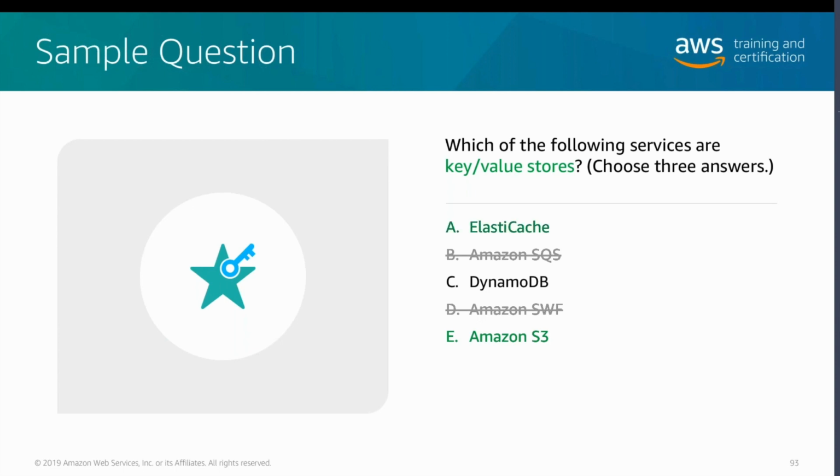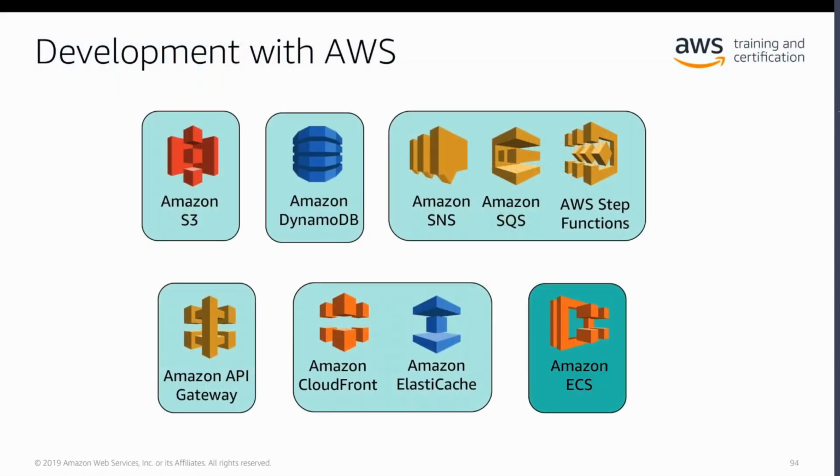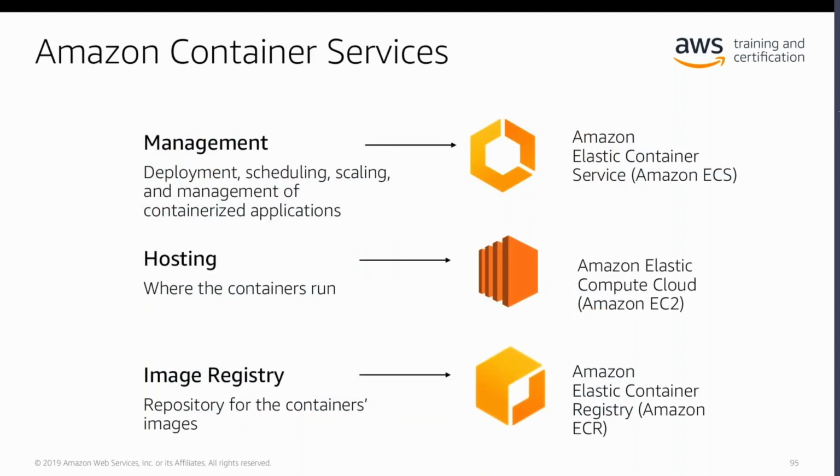All right, so let's move on to finally, ECS, Amazon's container services. So Elastic Container Service is for deployment, scheduling, and management of containerized applications that you're running on AWS.